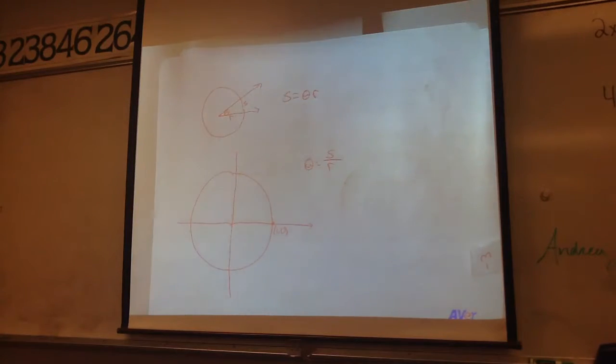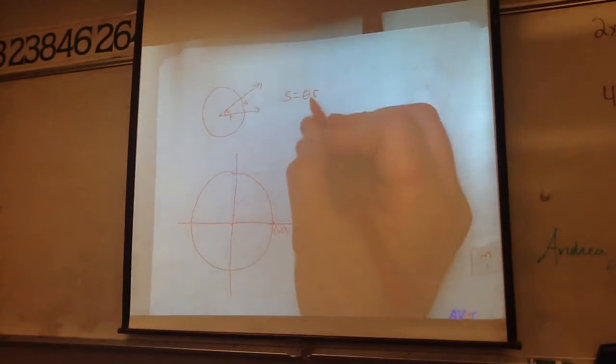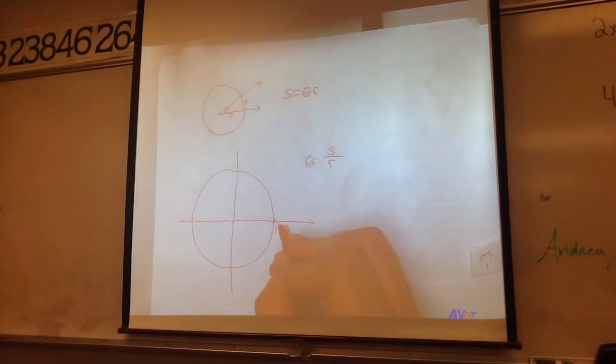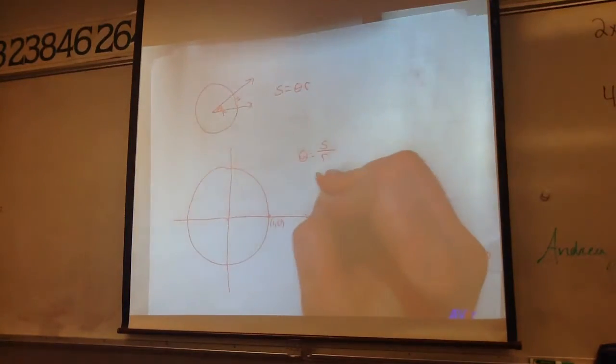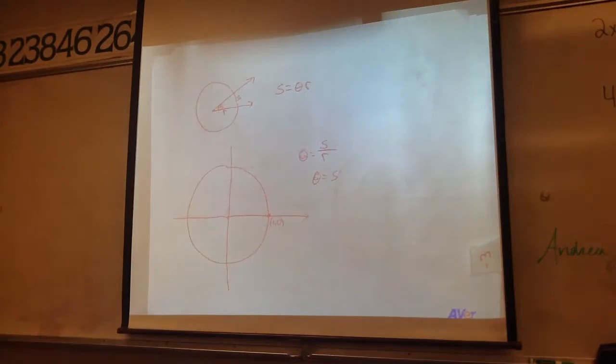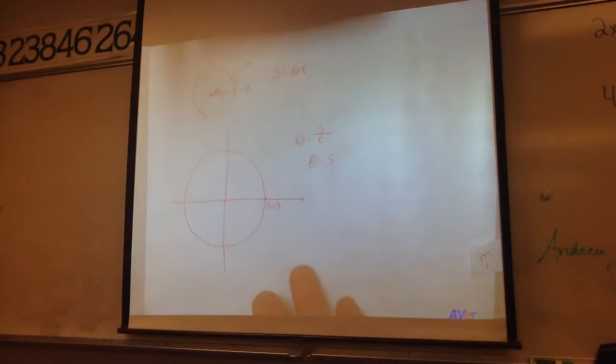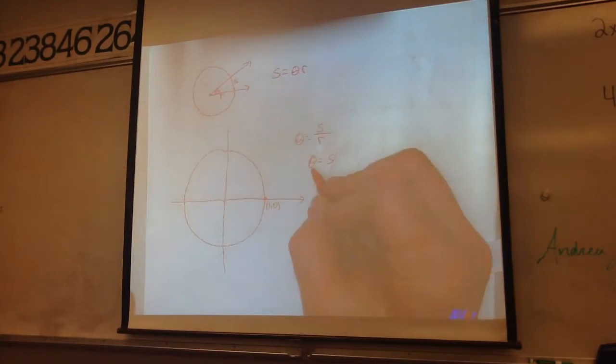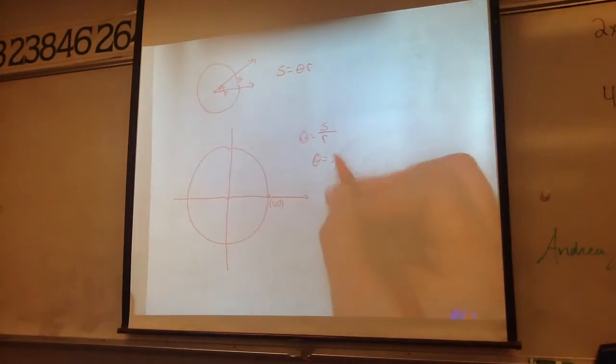Because the radius in the unit circle is 1. So the angle is equal to the arc length. Is there a reason why the arc length is S? No, I have no idea. That's what they always use in the book. Our book and Big Ben's book, they both use S. Maybe because A is area. So anyway, in the unit circle, the angle equals the arc length.